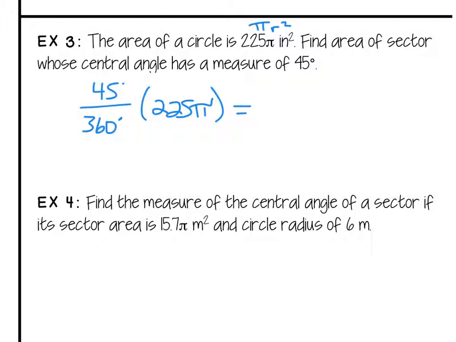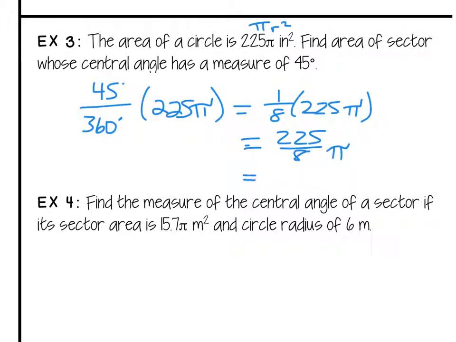So 45 out of 360 is 1/8 times 225 pi. So we could leave it as 225 over 8 pi. Or if we wanted to reduce that to a decimal, we could put it as 28.125 pi as well. Either of those is acceptable.